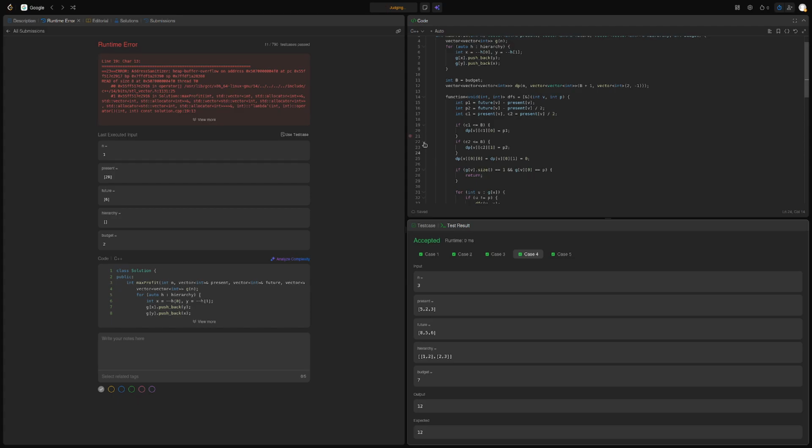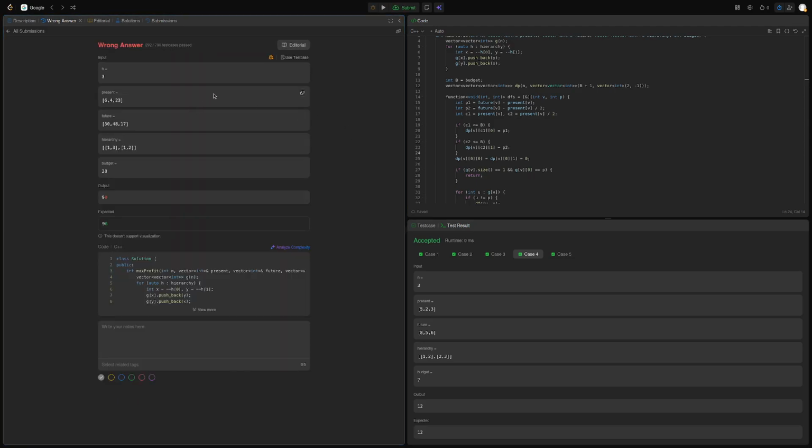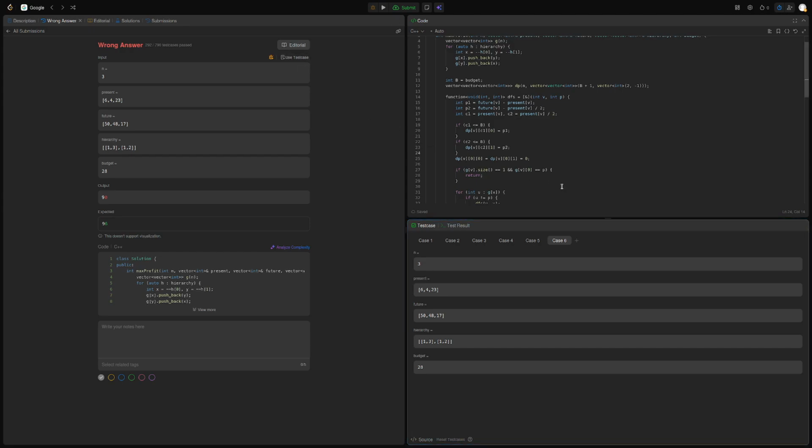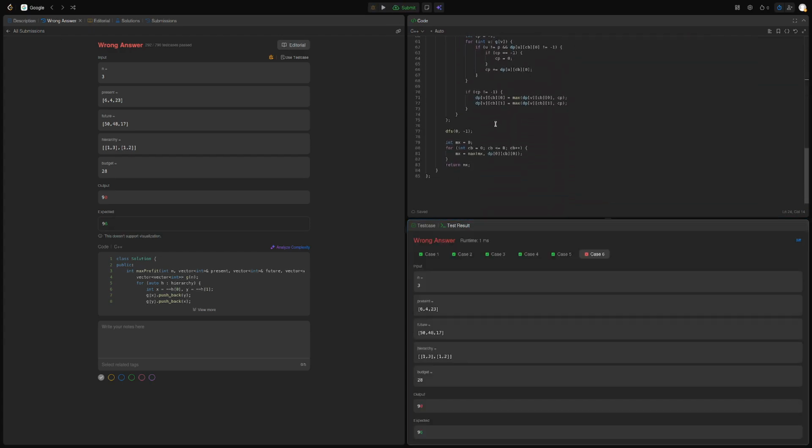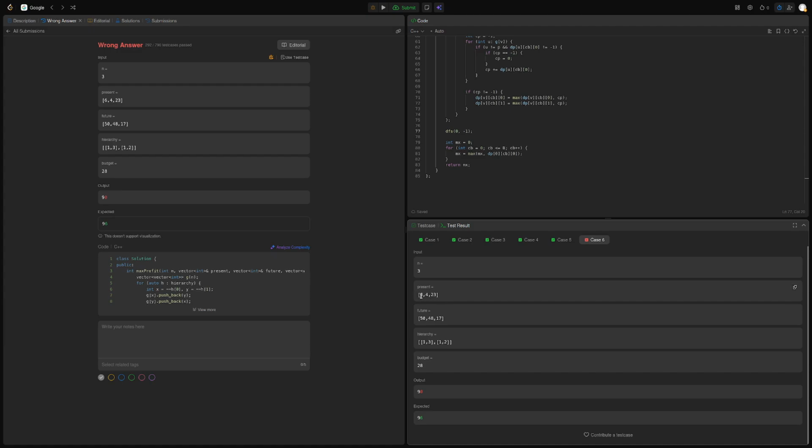Okay, 790 tests. Output is, that sucks. So I mean, it goes to both children, so budget is 28. If I buy here, I can buy everything. So I buy here for 6, 8.